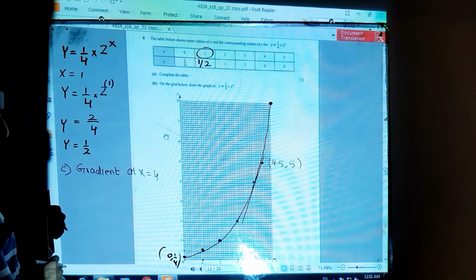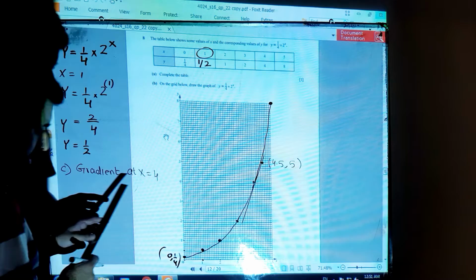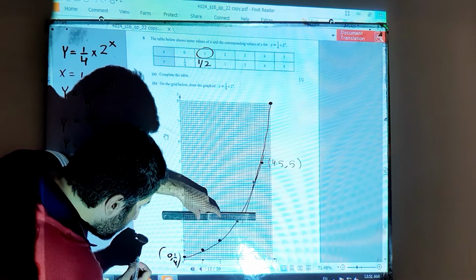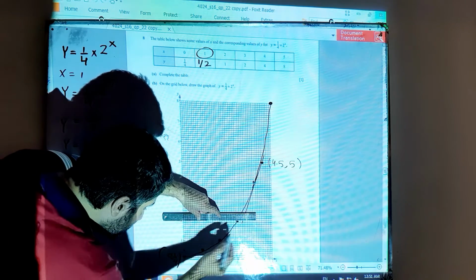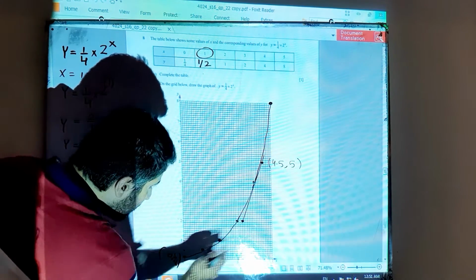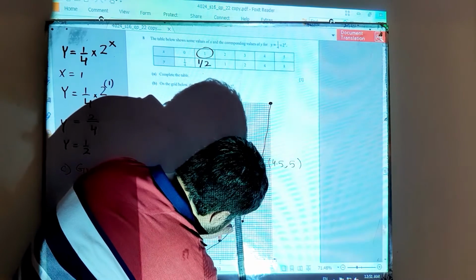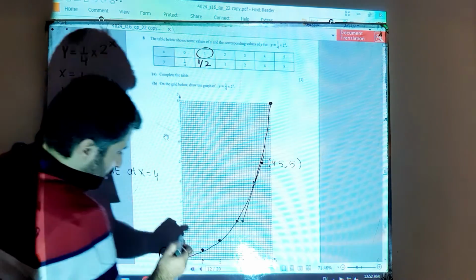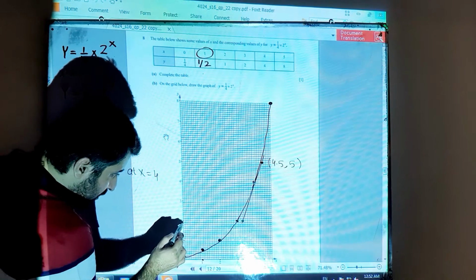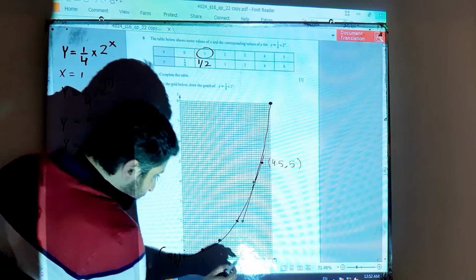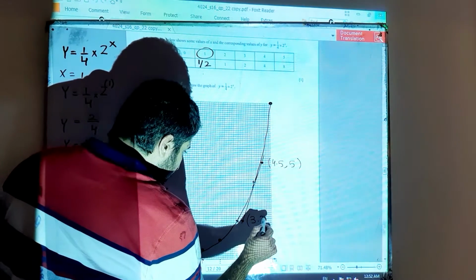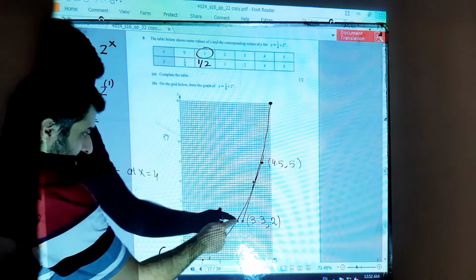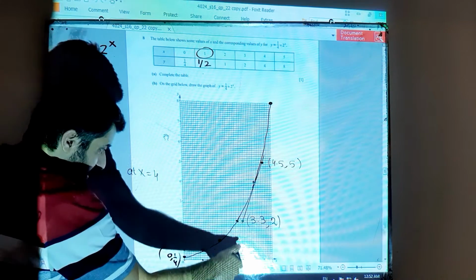And you can choose another point, when y is 2, the value of x is 3.3. Excuse me for the mistake. When x is 3.3, y is 2 on that point.